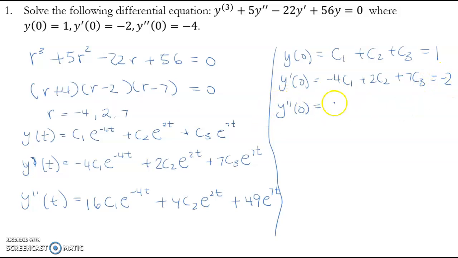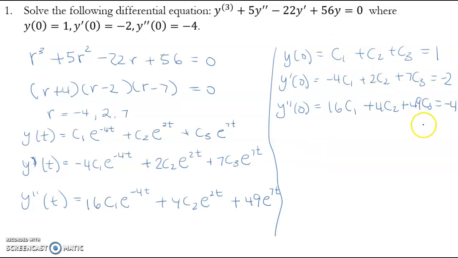And plugging into the second derivative, we would get positive 16 C1 plus 4 C2 plus 49 C3, and this should equal -4. All right, so we have 3 unknowns and 3 equations, so all of those variables are solvable.